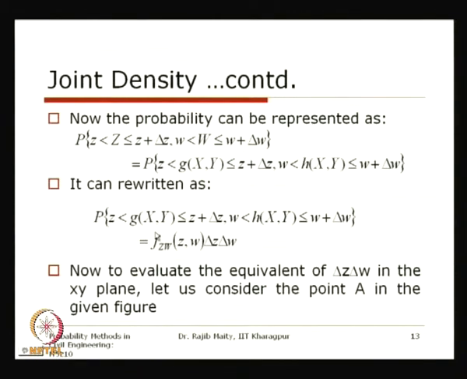Now see the difference from the single random variable to two random variables. For a single random variable, the probability density multiplied by a small elemental length over the axis gives you the probability as an area. But when we take it to the two dimensional case, I have to consider a volume, that is the density multiplied by the small area below the density surface.